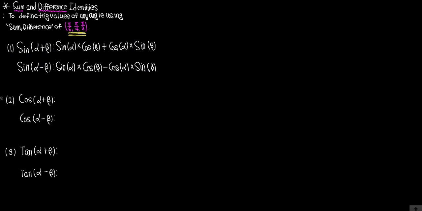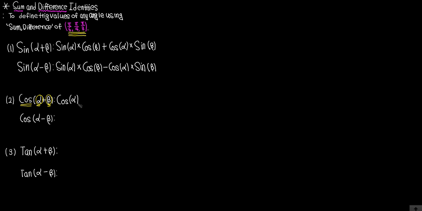So let's start with the cosine. The cosine is a little bit different from the sum identities for sine, just like I mentioned. So there is also a way to memorize the cosine sum identities. Again, when we're dealing with the sum identities, the two special angles alpha and beta are just two of those three special angles, and they're being added, so the cosine sum identity is defined this way.